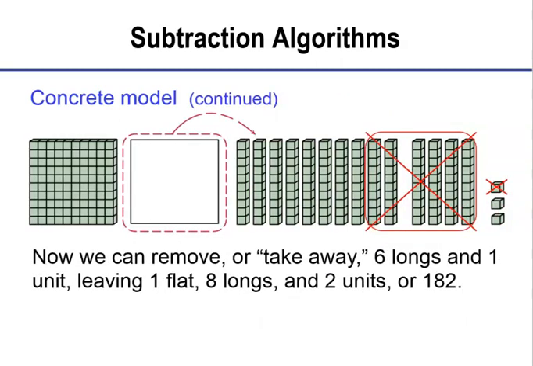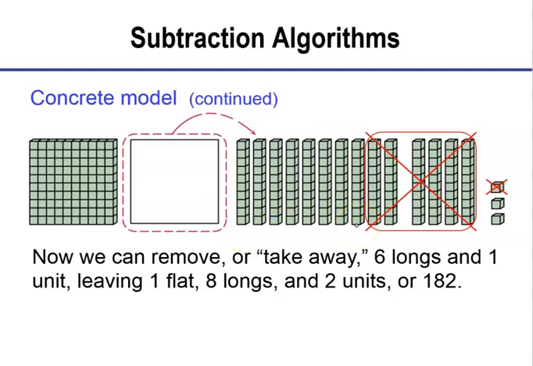We're going to trade in. Now, often in the past, this is the way that I was educated, and I still use these words, we borrow. But really what we're doing, a better way to think about it is you're trading. You're trading in 1 flat for 10 longs. Notice that's what happened. We traded in 1 flat. If you count them over here, you got 10 longs.